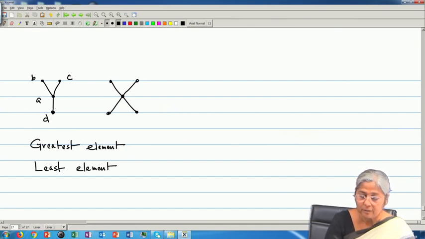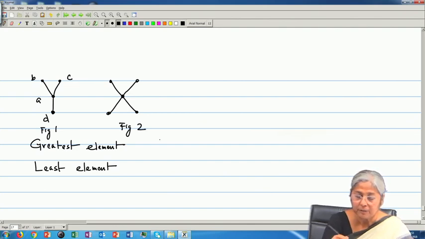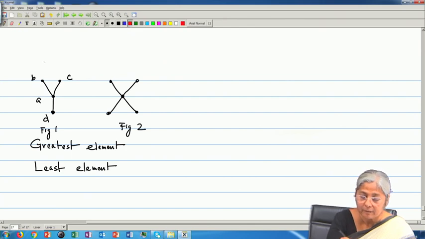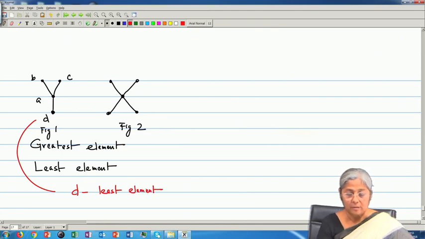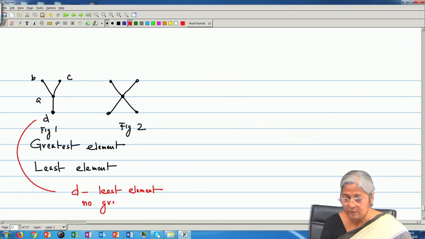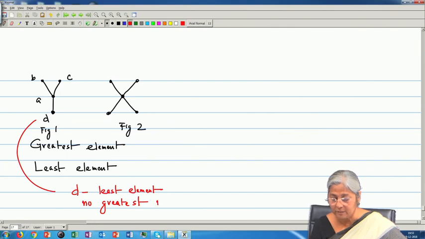For figure 1, D is the least element, but there is no greatest element. Maximal elements are B and C, but no greatest element.